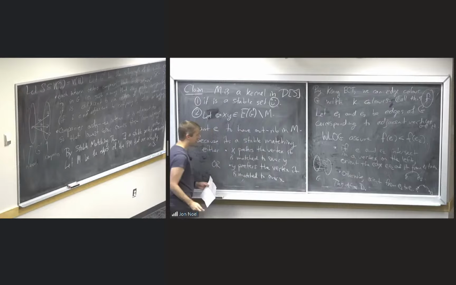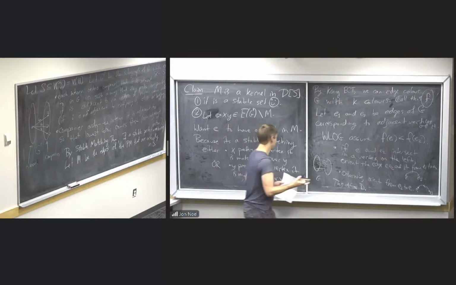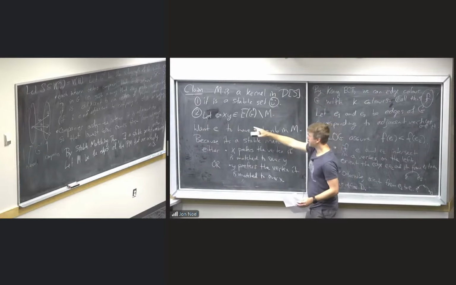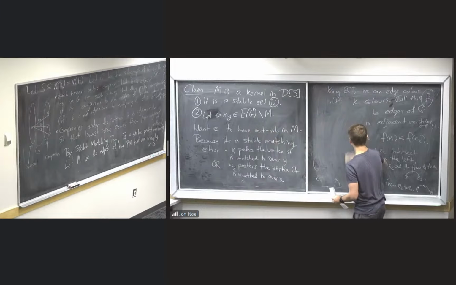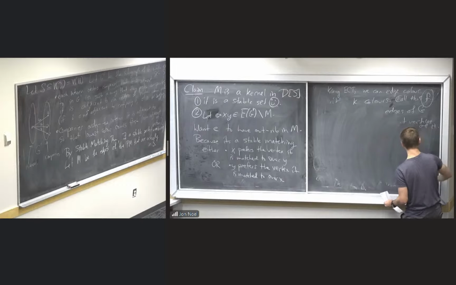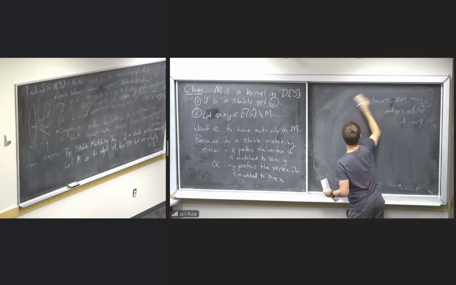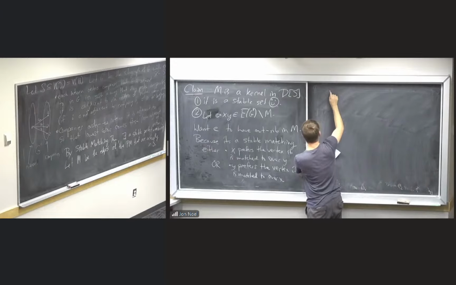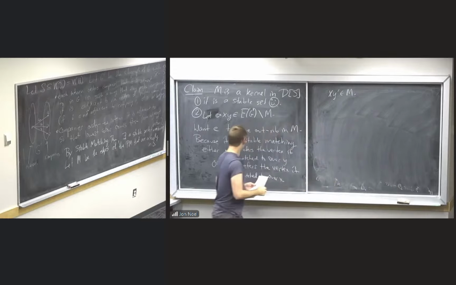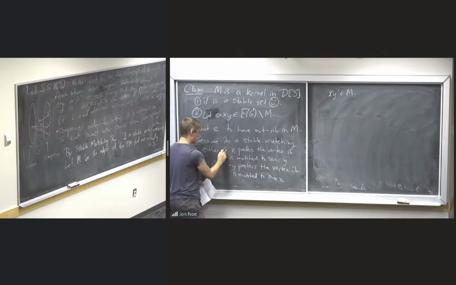In either case, we end up with the edge XY having an out neighbor in M. Why? In the first case, suppose that XY prime is in the matching. Let's say I break this into two cases.